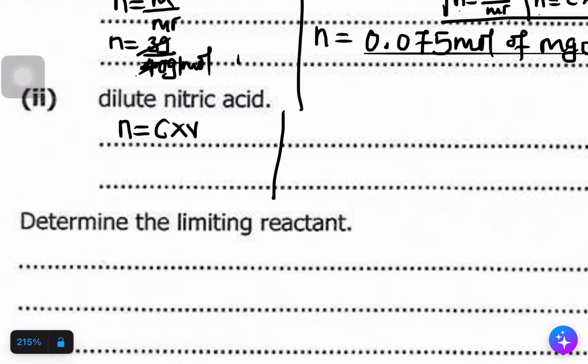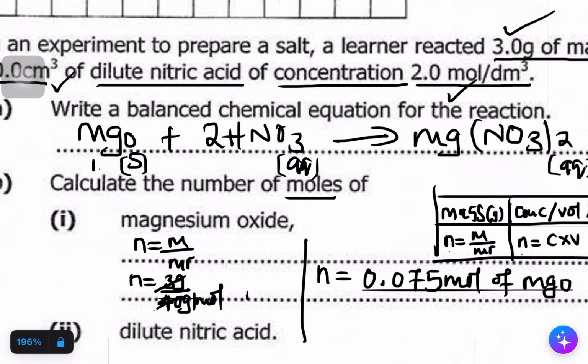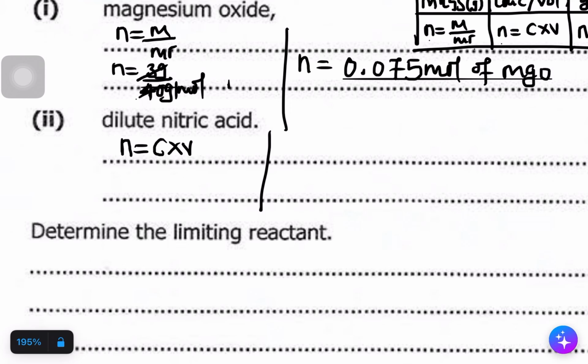The given concentration in the question is 2 moles per dm3. So we can go on to state in data collection, I usually do this so that we don't get lost with what we're doing. So concentration given is 2 moles per dm3.